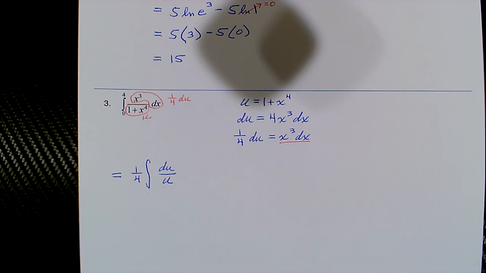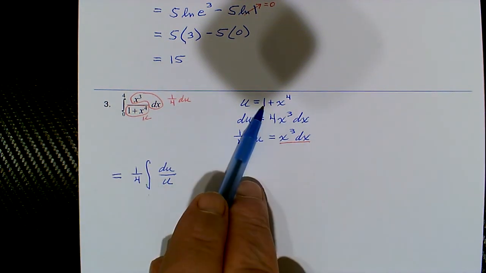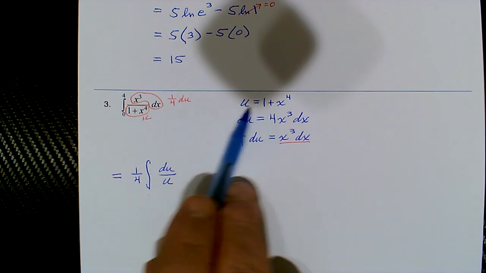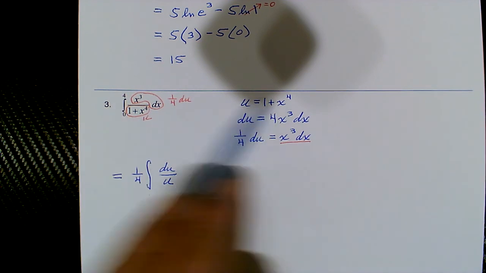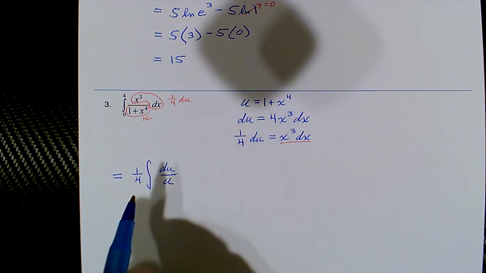So there's two ways you can go about this. But I'm going to only show you the one way that I prefer. The first way, which you can try on your own if you like, is to change the limits of integration to be in terms of u. And that's not hard. You just plug in the 0 for x and you get 1 for u, and you plug in the 4 for x and you get whatever, 65, I guess.